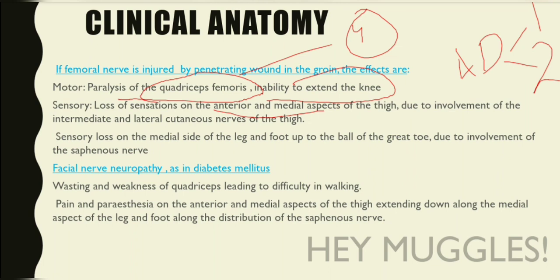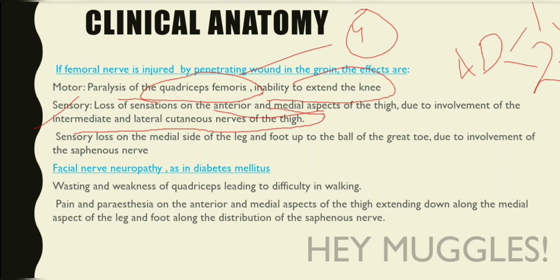So if the femoral nerve is injured, there would be paralysis of the sartorius muscle. Then there would be sensory loss over the area supplied by the two cutaneous nerves, and the two cutaneous nerves were the lateral cutaneous nerve of thigh and the intermediate cutaneous nerve of thigh, right? So because these nerves would be affected, there would be sensory loss over the intermediate and lateral region of the thigh.